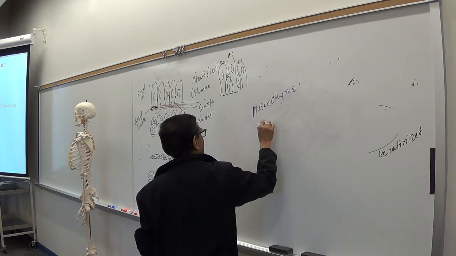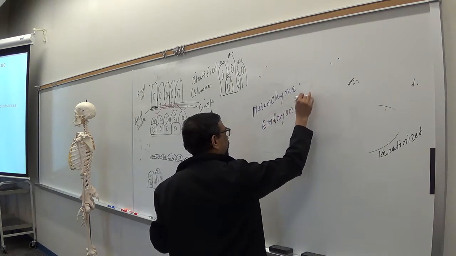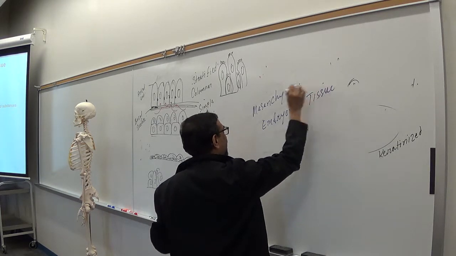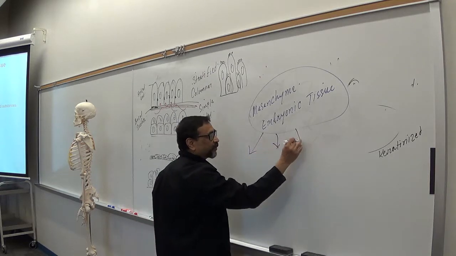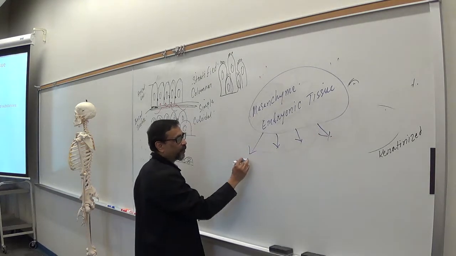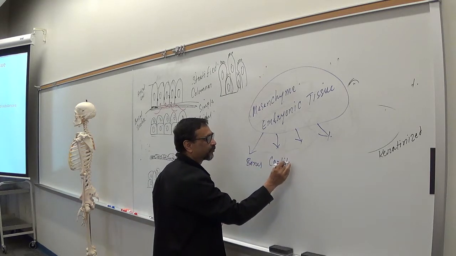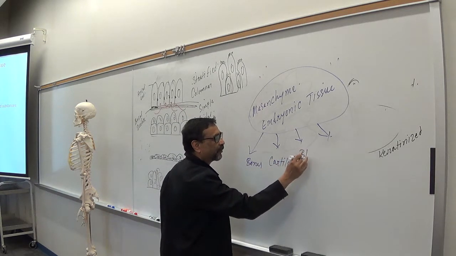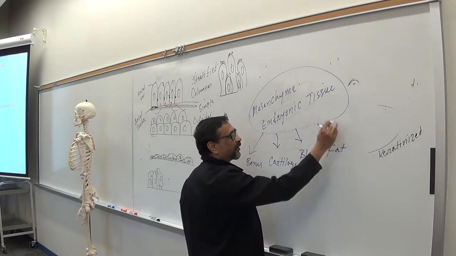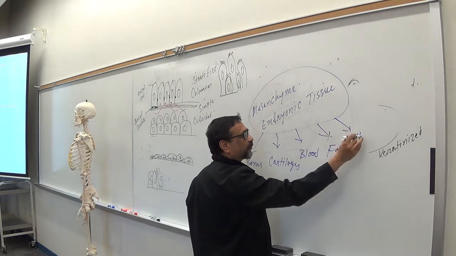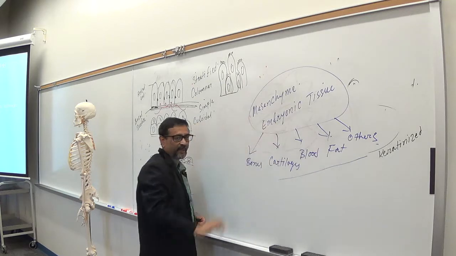All types of connective tissues come from there. Bones, cartilages, blood, tendons, ligaments, fats, all come from a single source. That's why all these belong to connective tissue.